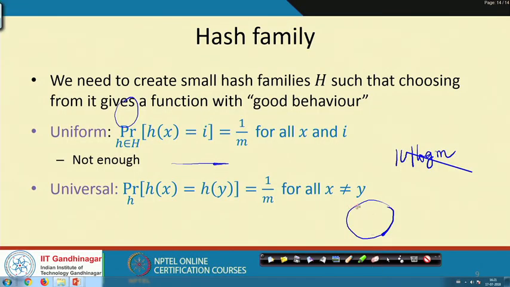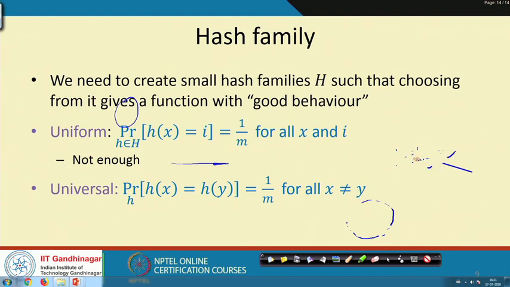That is, given any x, the hash function maps it into a position i with probability 1 by m. That is, the probability over all h belonging to H of the event that h of x equals i is 1 by m, for all x and for all i. It turns out that this is not enough.